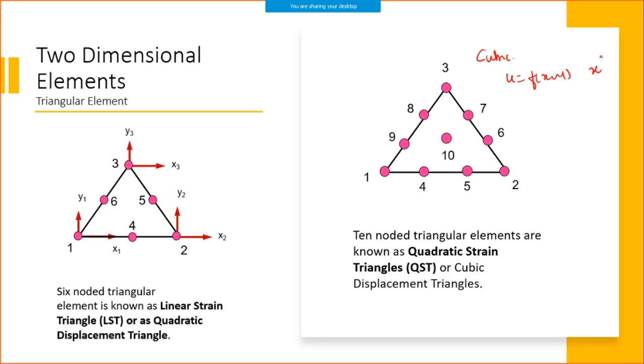And if I take a derivative of the cubic equation, I'll get du by dx with some square terms, so it is a quadratic behavior, and that's why it is called a quadratic strain triangle, or also a QST. Also, it is a cubic displacement triangle.